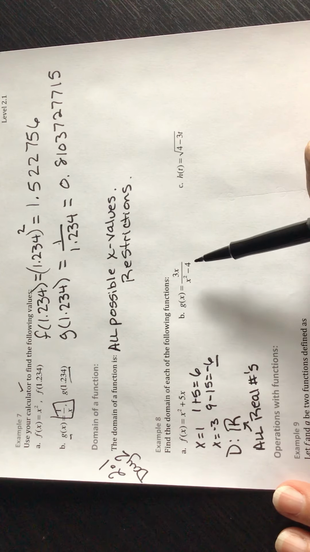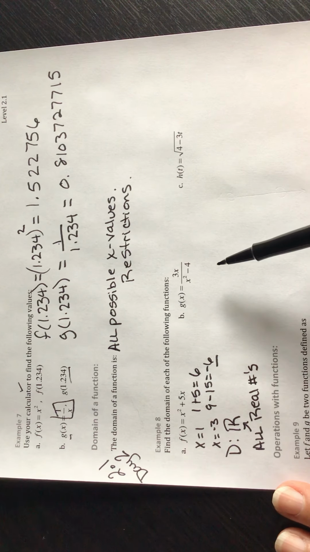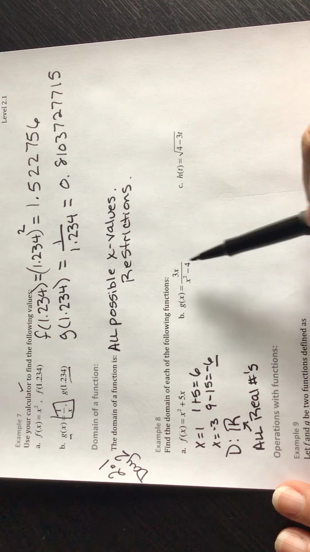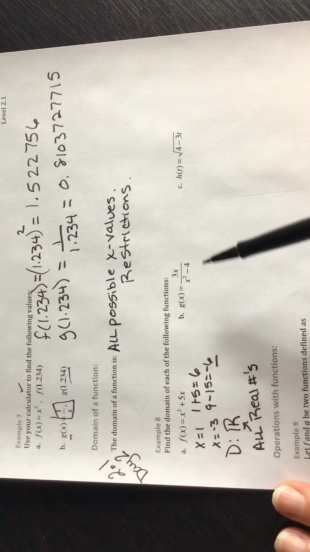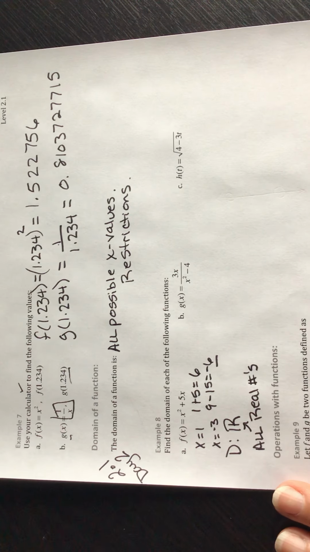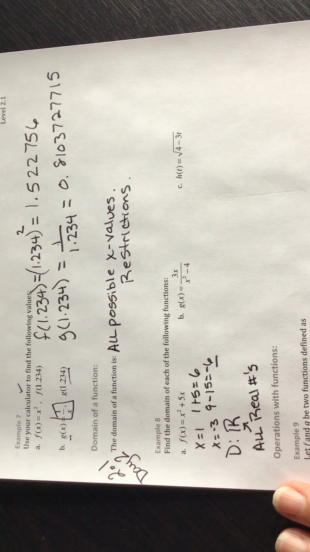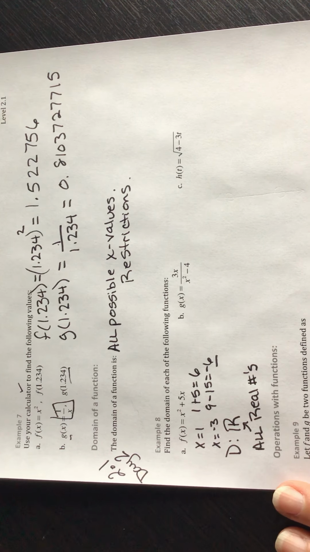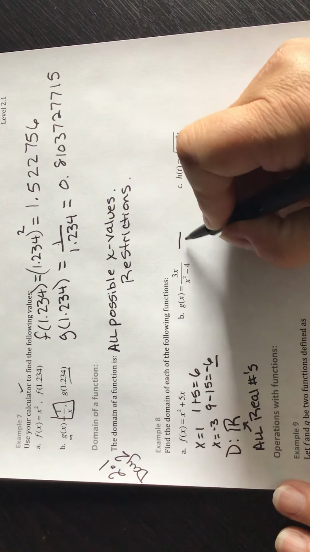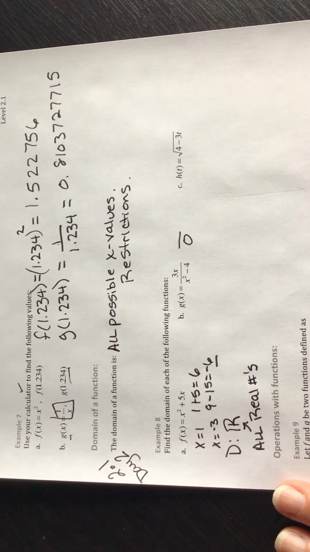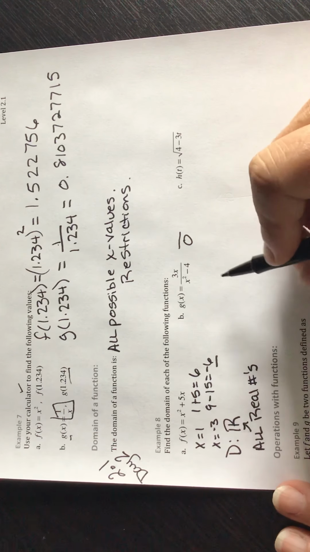And in example B, we have a rational function. So we have a top function and then a bottom function, and they're being divided. If, for example, in this function, the denominator ended up equaling 0, let's say I put in 2.